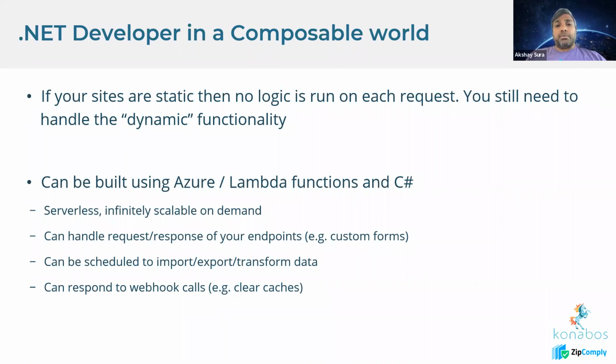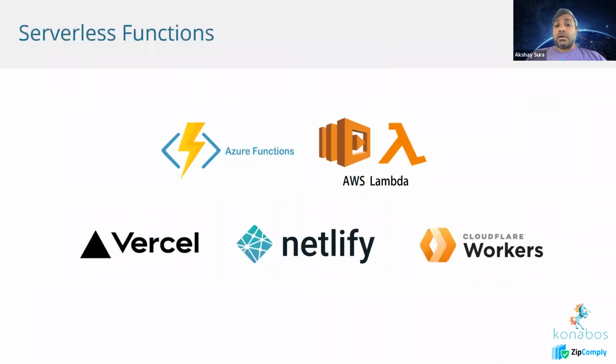AWS Lambda provides you a way to do functions in .NET Core, as well as Node and others. Like Vercel, Netlify, Cloudflare, there are several others. You can write your serverless functions in the language you're writing in. For instance, for Vercel, we use some serverless functions for authorization using Next.js, and that's completely fine. It gives you the option to automate and do a lot of things.